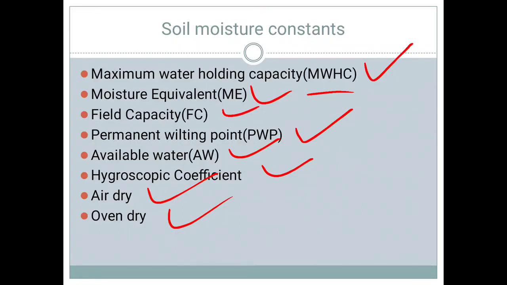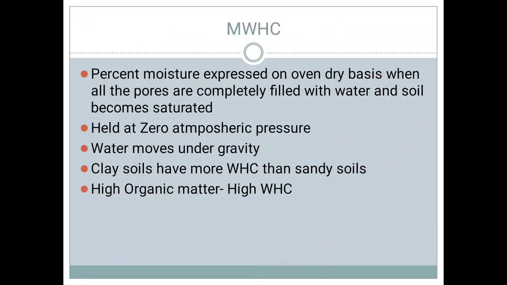Now first is the maximum water holding capacity of the soil. Please remember, when we define these soil moisture constants, we always start with a certain sentence: percent moisture expressed on oven dry basis.